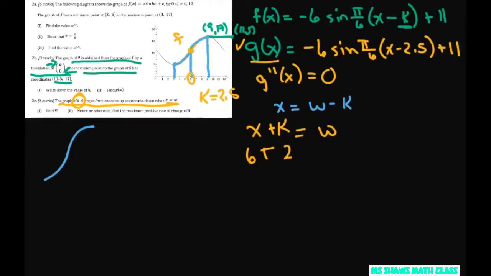So if you add 2.5, that gives you your W. So W equals 8.5.